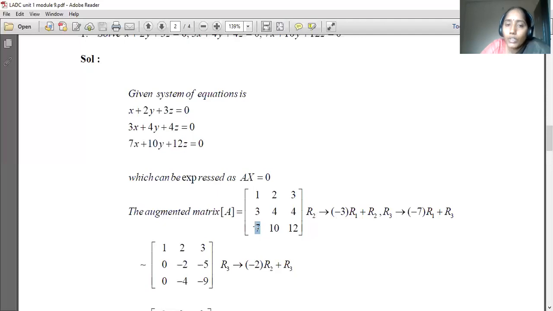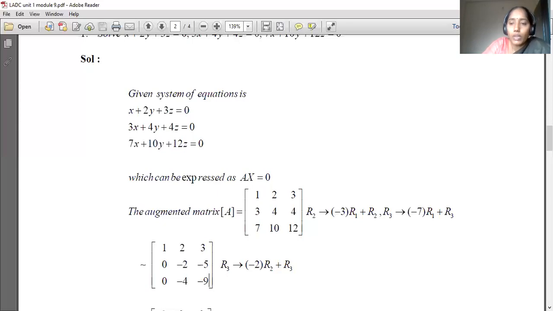Here we want to reduce this 7 to 0, since 7 minus 7 is 0. So for that, we subtract 7 times the first row, applying the operation on R3: R3 tends to R3 minus 7 R1. Just applying this, you will get this. The same transformation is applied for the remaining entries in the corresponding rows.